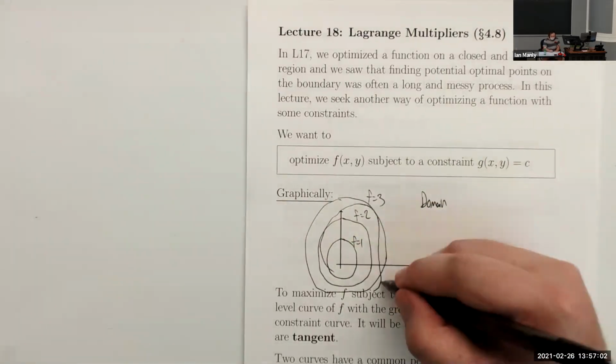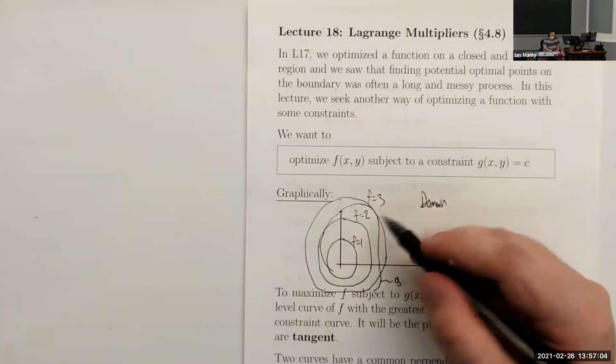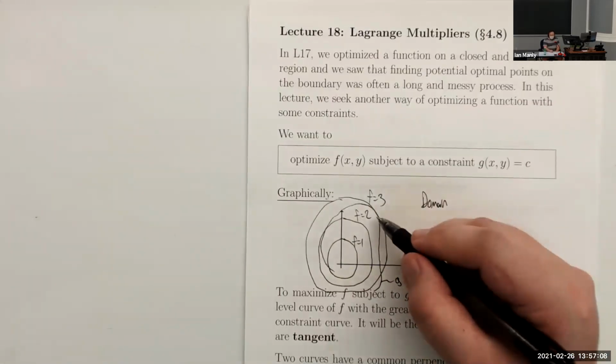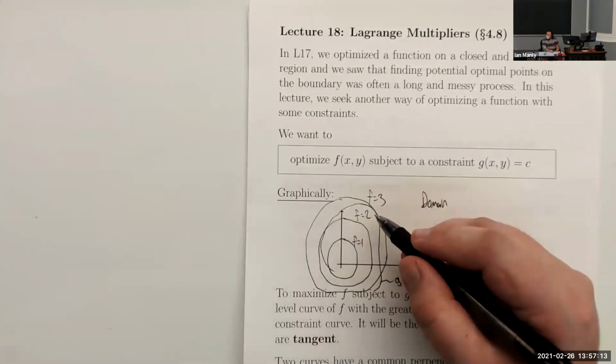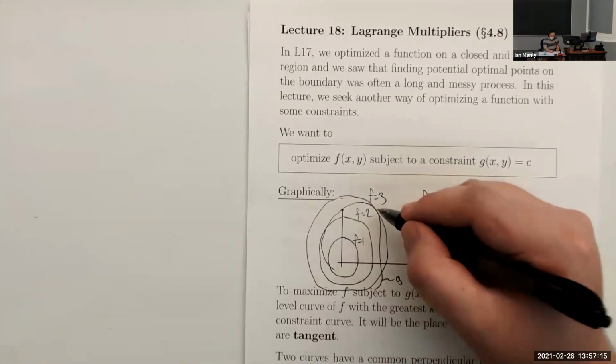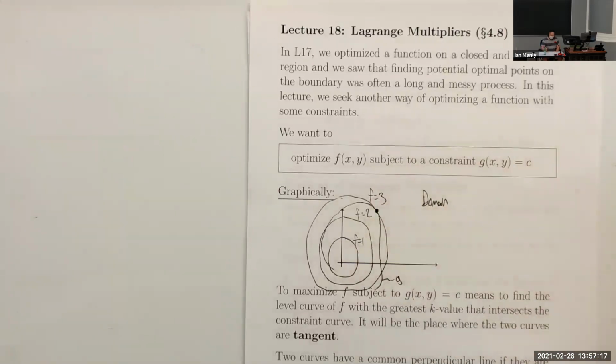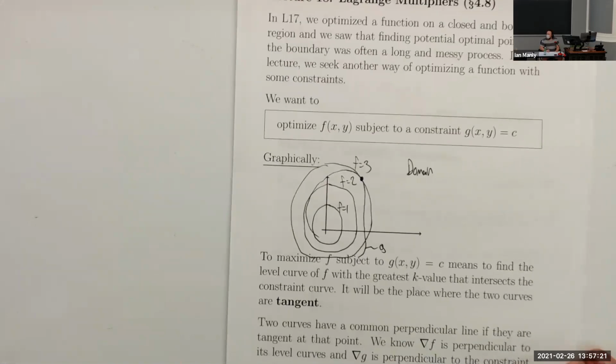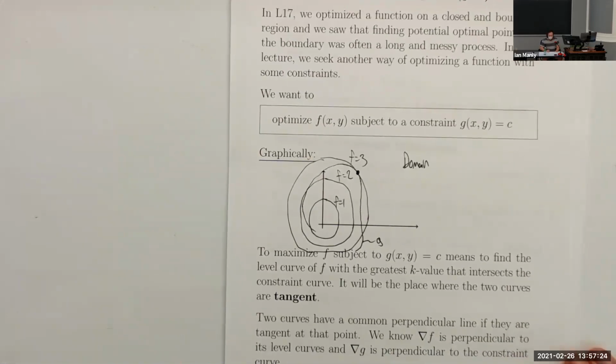Who knows? This one's g. What we're going to try to do is find when this curve g intersects the biggest level curve that we are going to have. In this case, it looks like the biggest value of f that it touches is going to be right there. So that's effectively what we're trying to do with this optimization method.